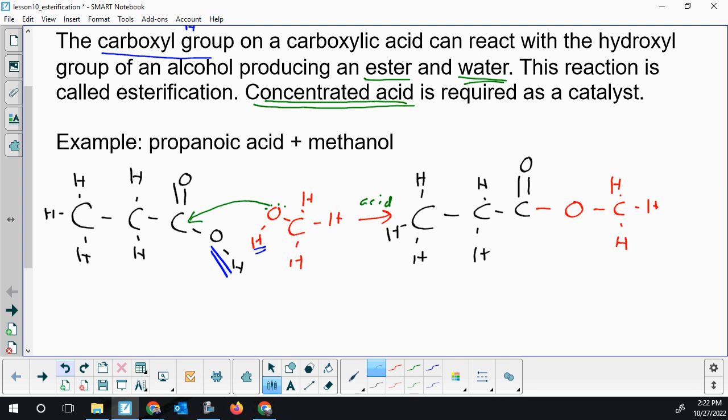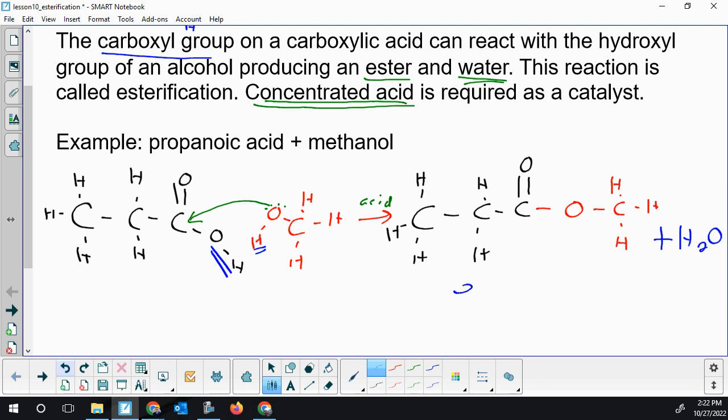The catalyst helps this. Now those pieces that I've blue underlined together, an OH and an H, that's our water product. So it's not necessary in this course, but it's quite useful to connect the alcohol O to that C double bonded O to make sure you make the right product.